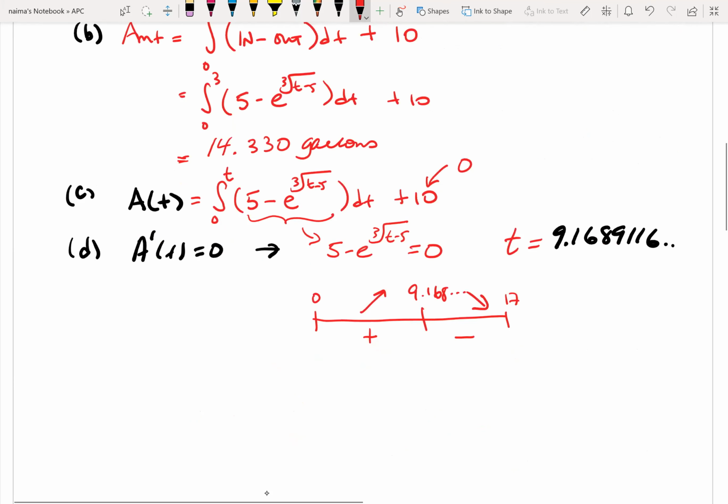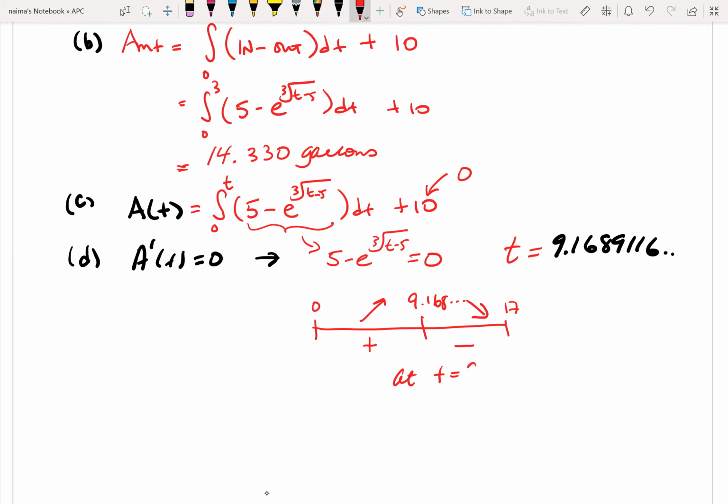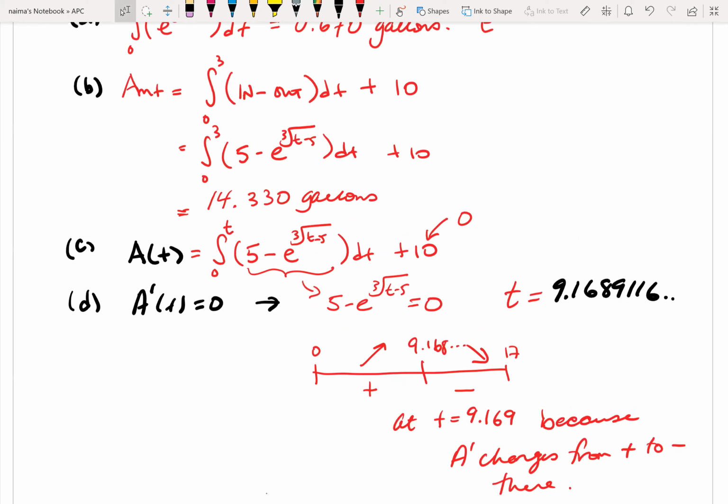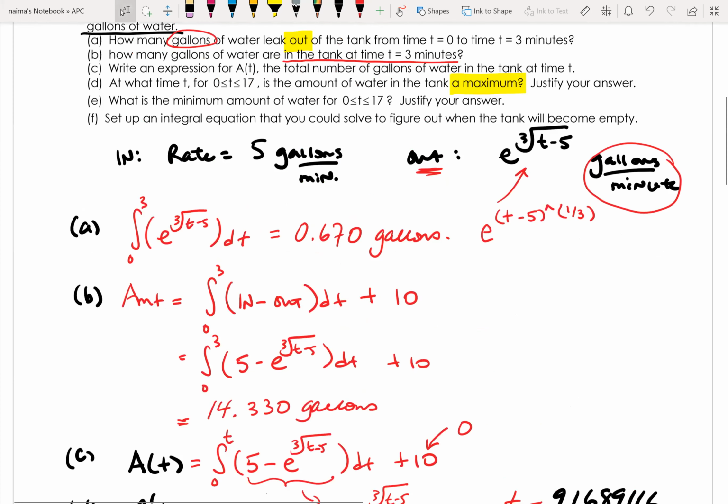Justify your answer. The answer would be at t equals 9.169 because A prime changes from positive to negative there. Okay, so that's D. Now we're going to go on to E and F.